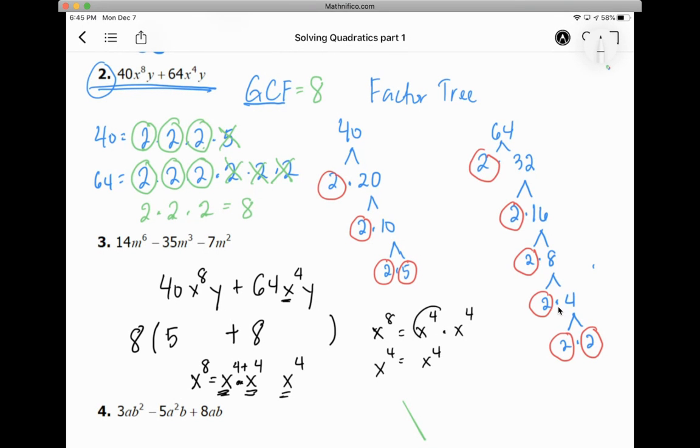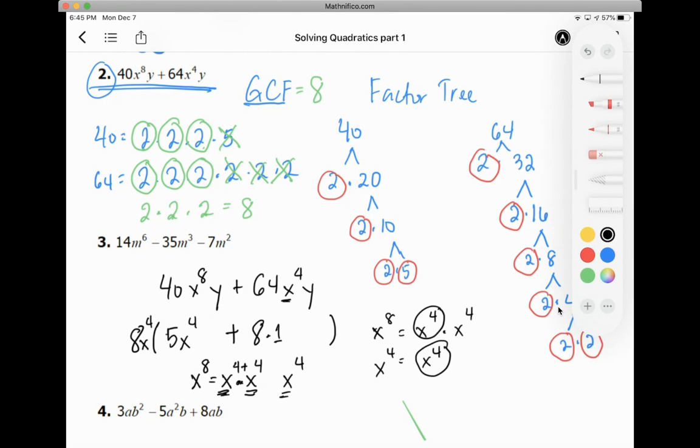So my common factor is x to the fourth. I will take this out, x to the fourth. This will be my x to the fourth, and since that is x to the fourth, that's pretty much 1. In algebra, you don't really write down 1, so it's an invisible 1 in there.